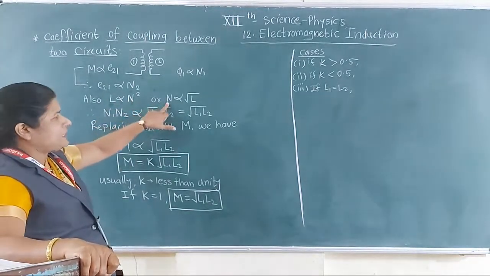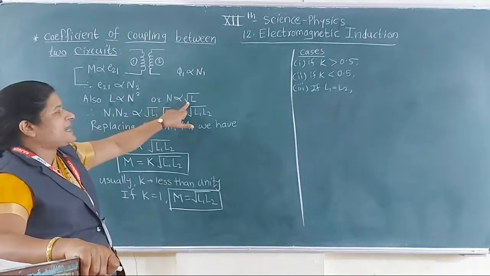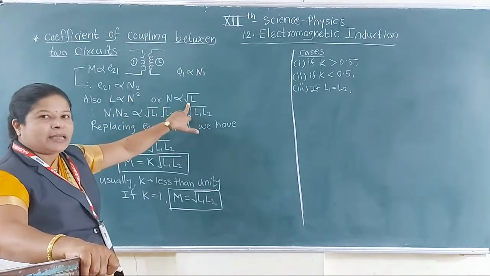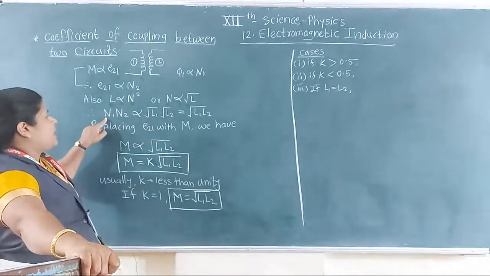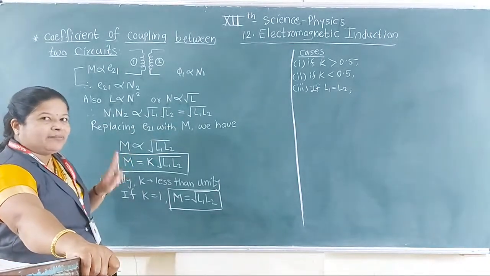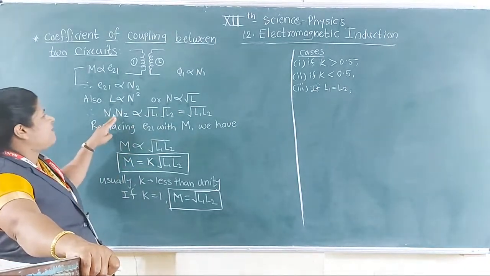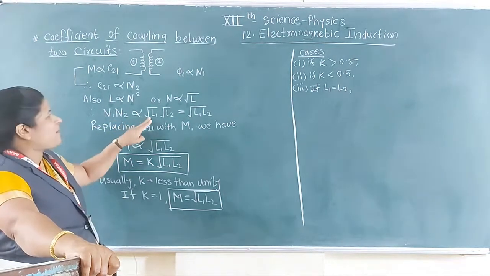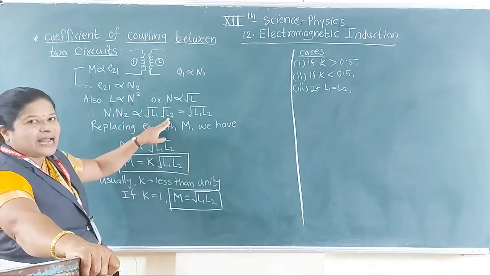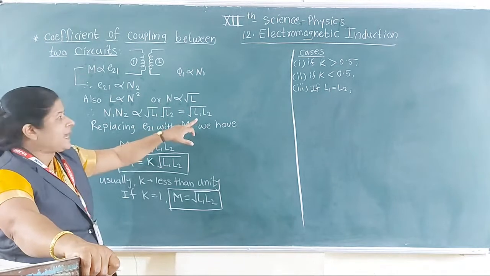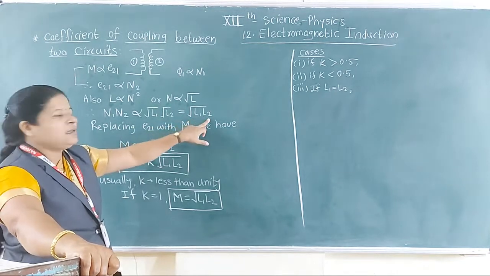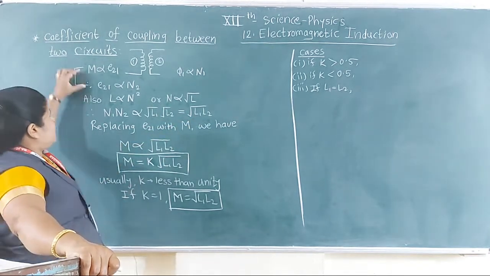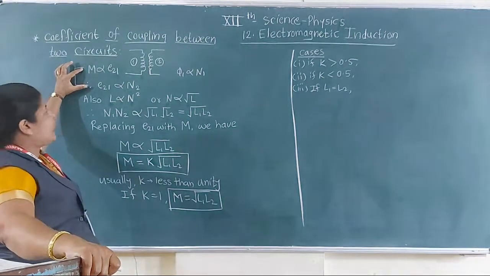That means N is directly proportional to square root of L. So if there are two coils, then N1 N2 is directly proportional to square root of L1 L2.